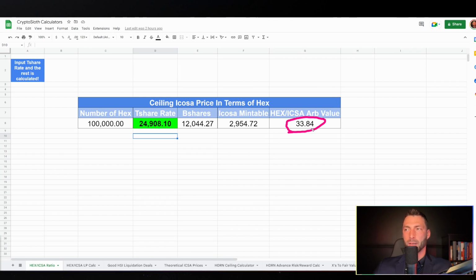That means the ARB value is 33.84 hex per Icosa. And so what we would do is we would look at that. This is what the HSI buyback is going to give you. For hex in, it's going to be 33.84 hex per Icosa.